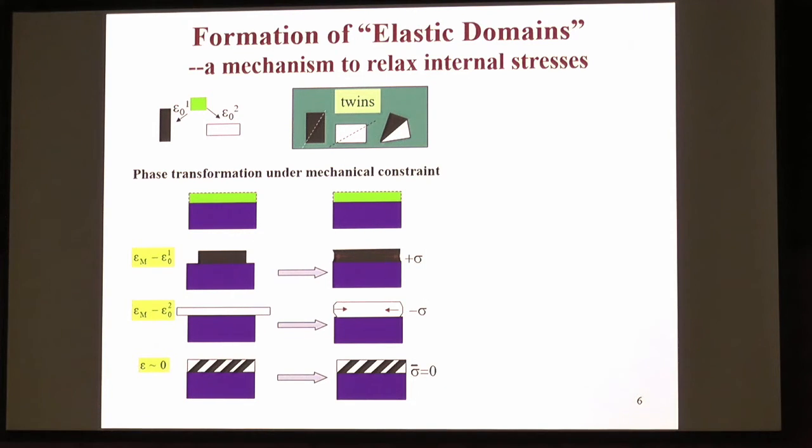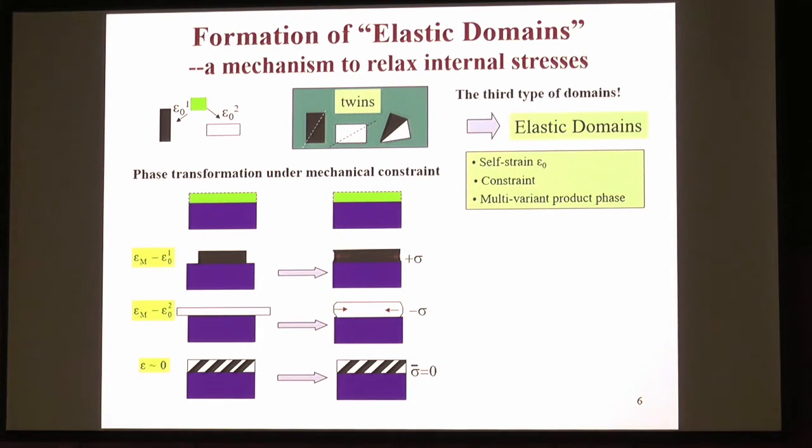So a single domain is not stable based on thermodynamics because you have a large, long-range stress field. A mixture of domains is more stable. So in this case comes the concept of elastic domains. So you're going to have a self-strain, and you're going to have a multivariant product phase, which is satisfied in almost every single solid phase transformation.